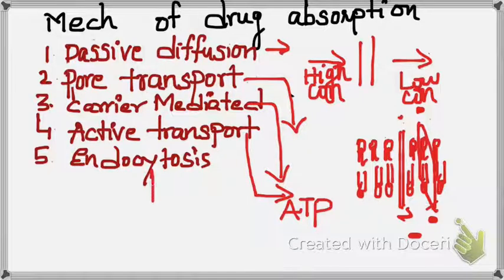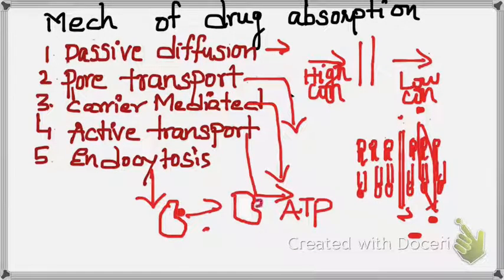And endocytosis is the movement across the membrane by pushing phospholipids, cholesterol, by forming a vacuole. So what happens here is it entraps the drug molecule and releases the drug molecule on the other side.